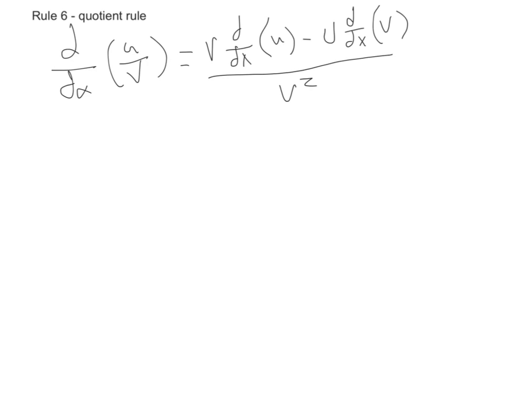So my derivative with respect to x is going to be low d high minus high d low all over low squared.